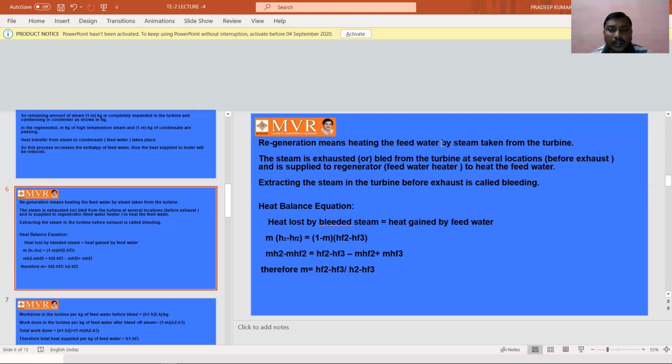The feed water is heated using the steam taken from the turbine. This is nothing but regeneration.